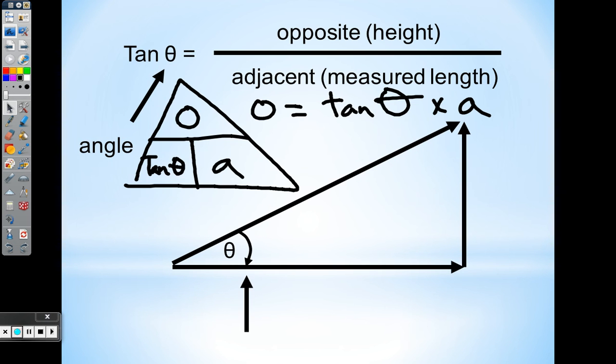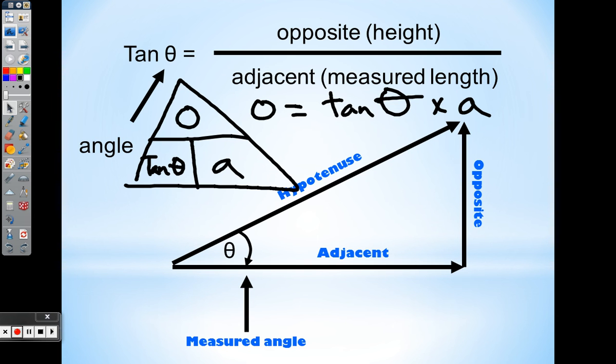All right. So you were measuring the angle and the adjacent, and we'll talk about how we're going to measure the angle tomorrow. Find our opposite.